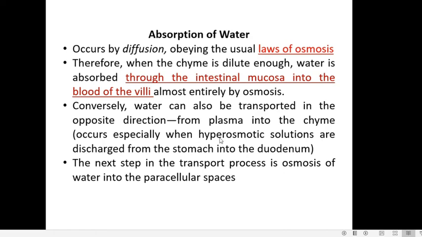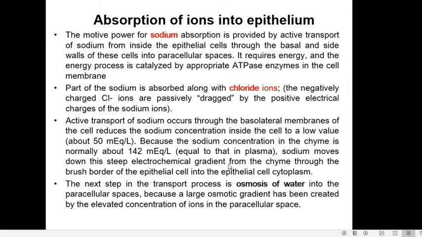That is, if the partly digested food coming from the stomach to the intestine is highly concentrated, or if it is hyperosmotic, there is a chance for water to diffuse back from the intestinal epithelium into the lumen. So that is one method of transport of water through osmosis, that is from the lumen to the intestinal mucosa or back from the mucosa to the lumen. So that is one direction.